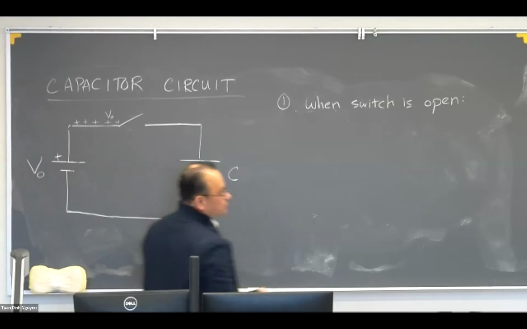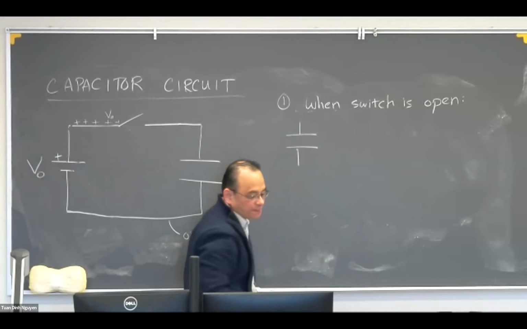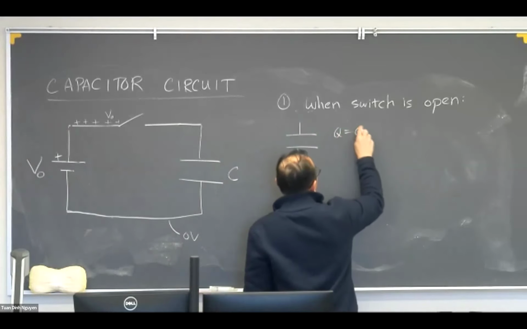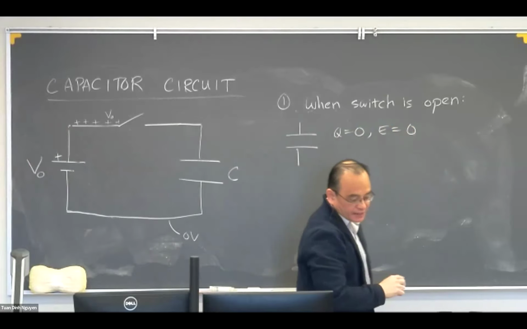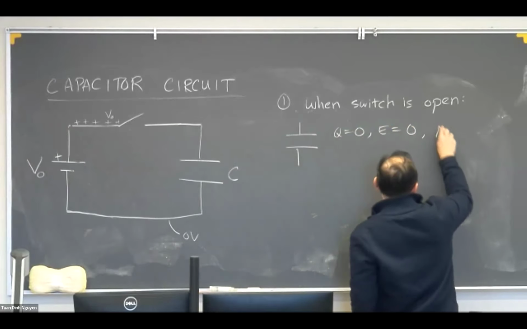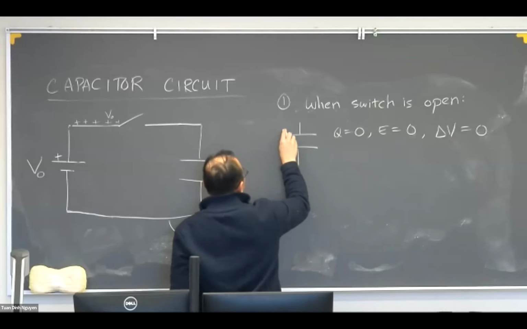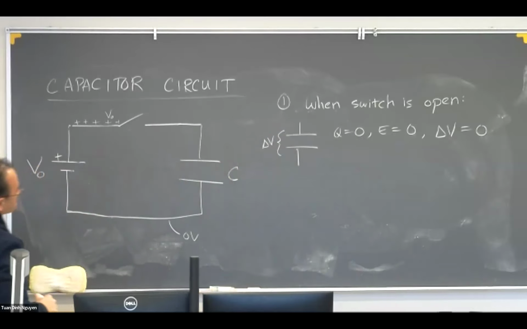So when the switch is open, there's nothing on the capacitor. Q would be 0. E, the electric field, is 0. And delta V is 0, okay? The voltage difference is 0.